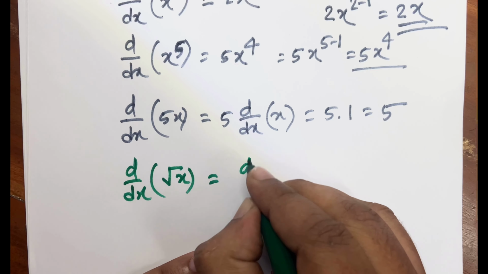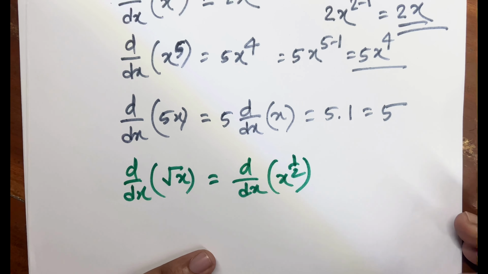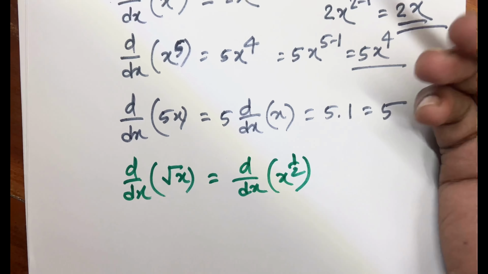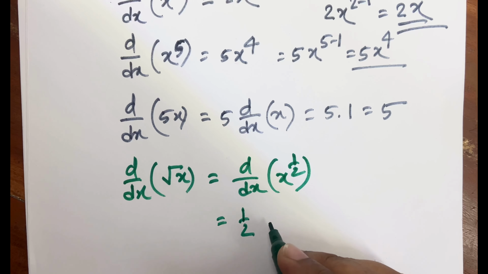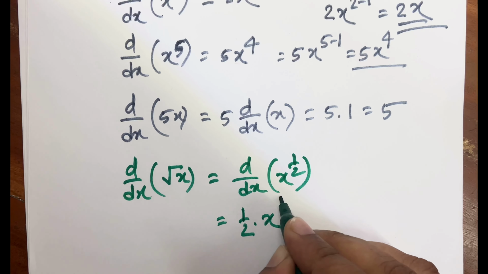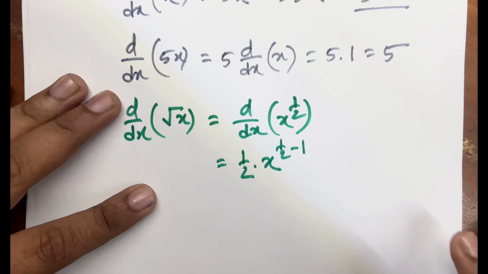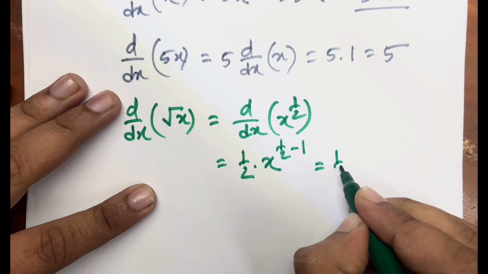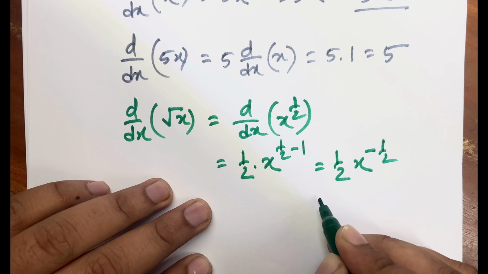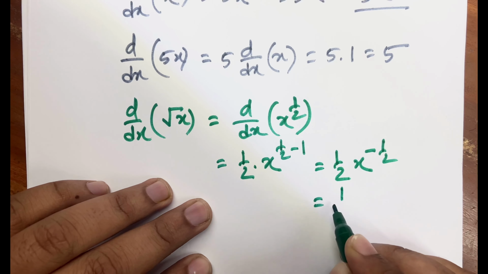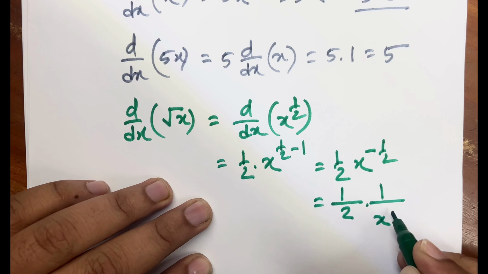So now I can say d/dx of x to the power half, and I follow this formula again. n is half, so n x to the power n minus 1 gives half x to the power minus half, which is 1 by 2 times 1 by x to the power half.